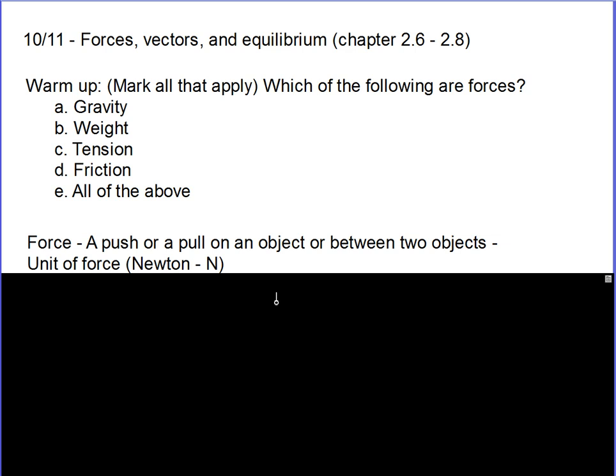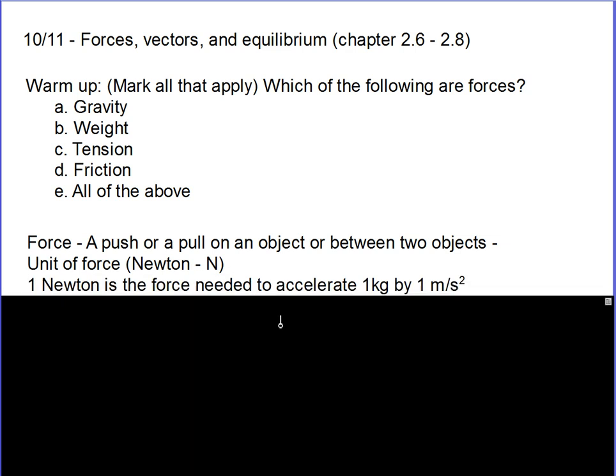the units that we know of mass, either kilograms, or distance, meters, or time, seconds. So what a Newton actually is: 1 Newton is the force needed to accelerate 1 kilogram by 1 meter per second squared. So a kilogram is a little more than 2 pounds, and if you were to speed it up by 1 meter per second each second, it would take 1 Newton of force.